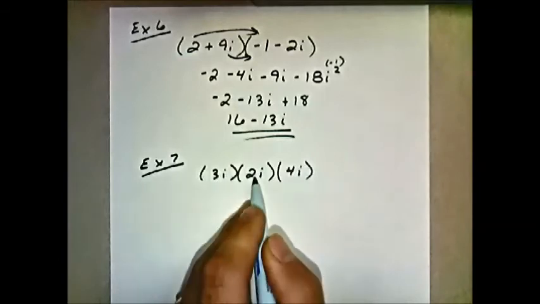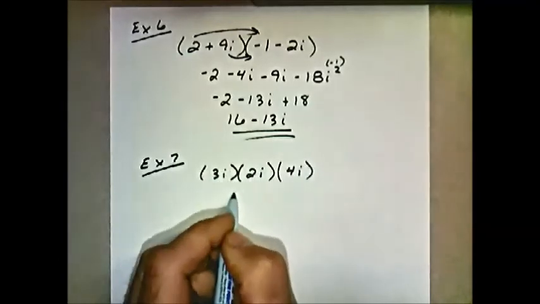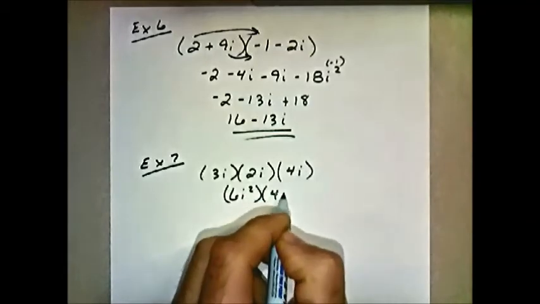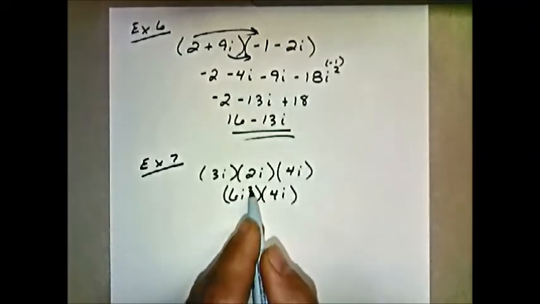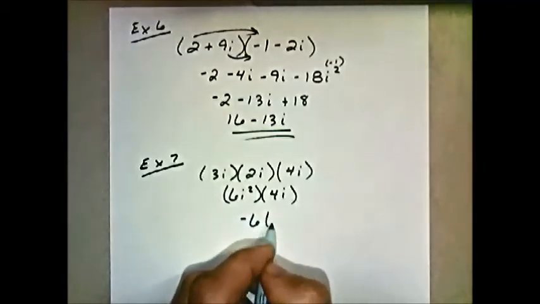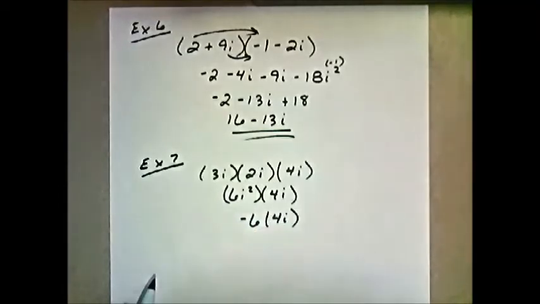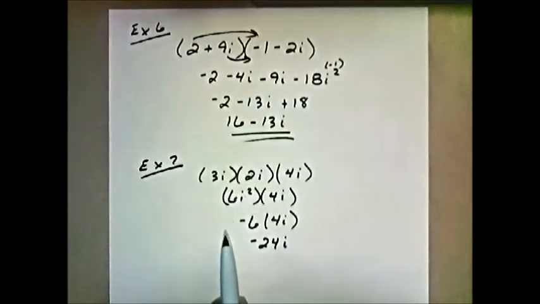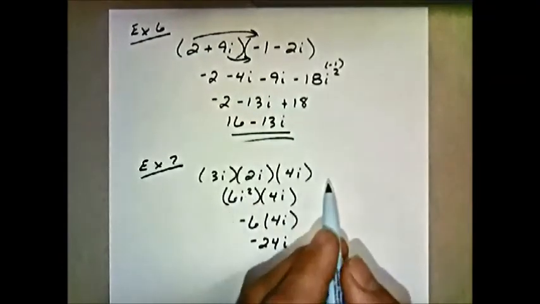Well, 3i times 2i is 6i squared. 6i squared, remember i squared is negative 1, so we get negative 6 times 4i, which ends up being negative 24i. Now the question becomes, do I really have to simplify that at that point? And the answer is no.